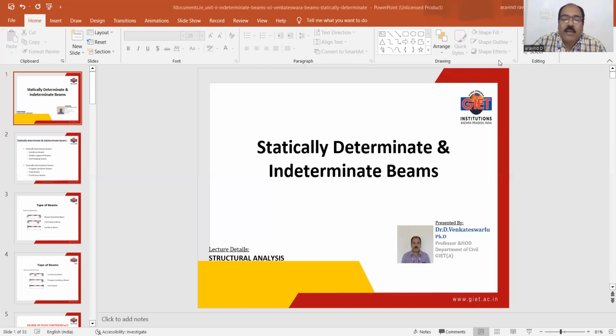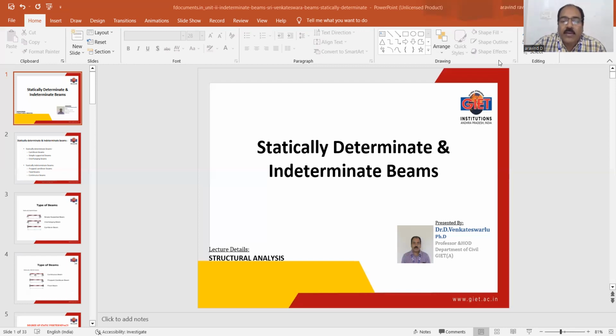As a civil engineer, in our previous semesters, we have studied strength of materials. There we have seen simple stresses and strains, shear force and bending moment diagrams, deflection of beams, thin and thick cylinders.